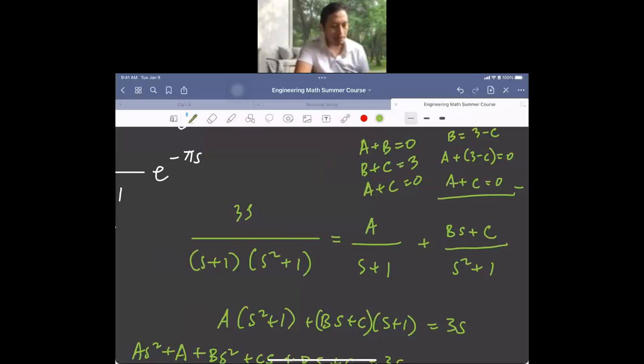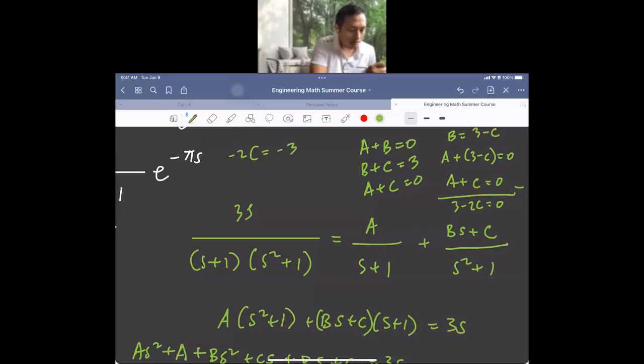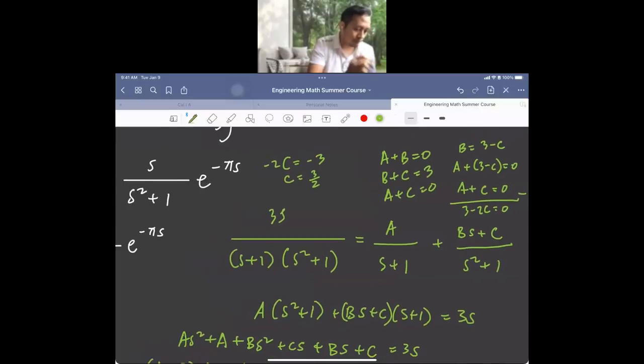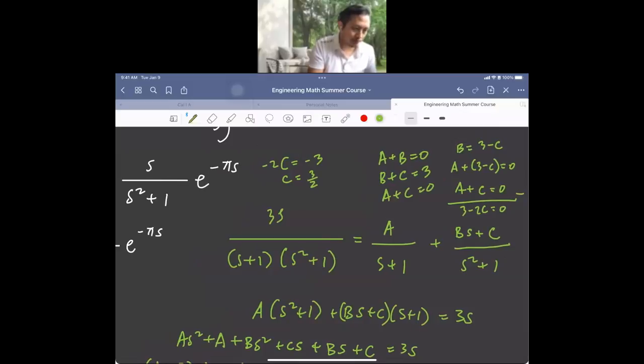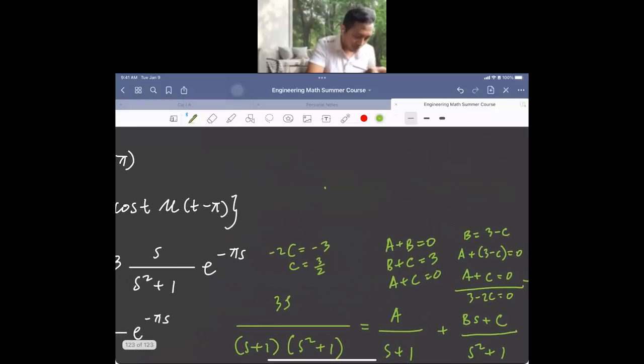So 3 minus C minus C, so 3 minus 2C is 0. So C is 3 over 2. C is 3 over 2.